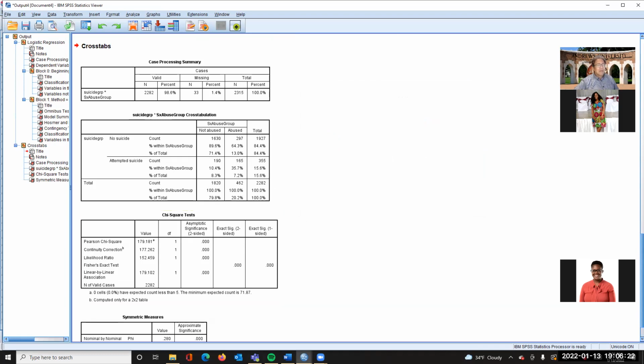So if you look at this, attempts at suicide, these are people who attempted suicide. You see that 35% of them have been sexually abused versus 10% that have not been sexually abused.